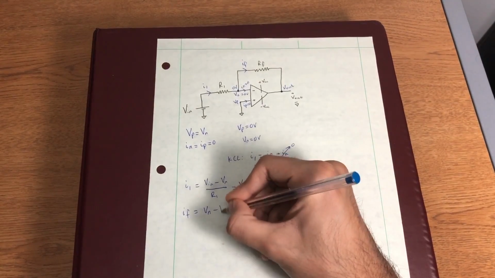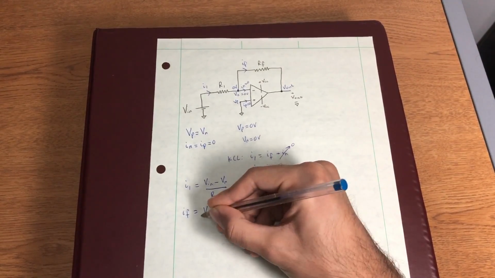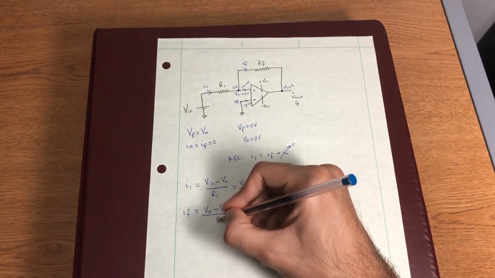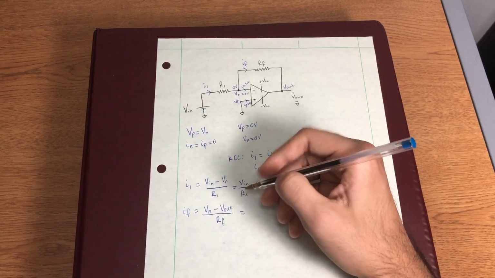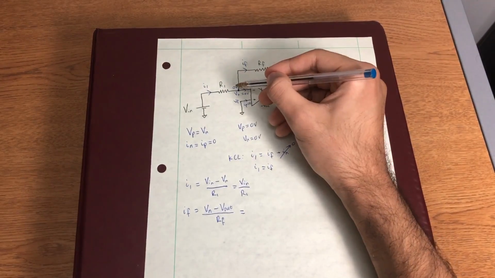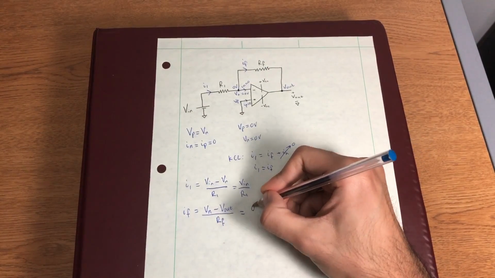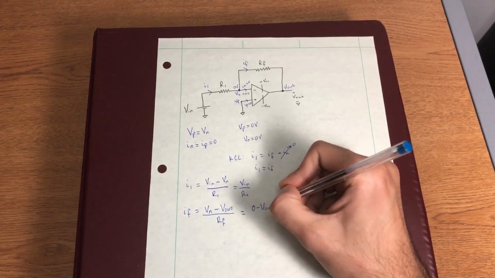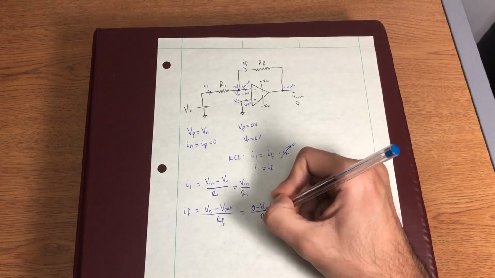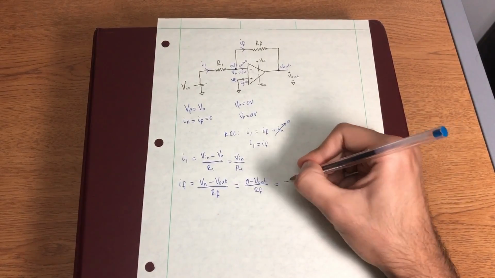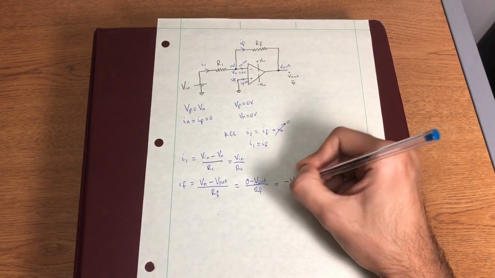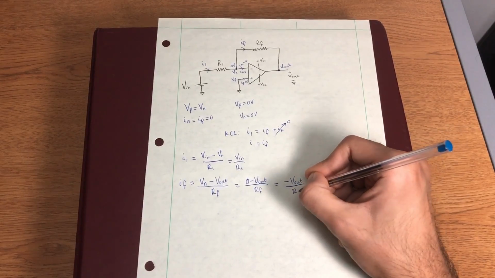So Vn minus Vout over Rf. And let's plug in our Vn equals 0, which we found, and we get 0 minus Vout over Rf is equal to IF, which simplifies to negative Vout over Rf.